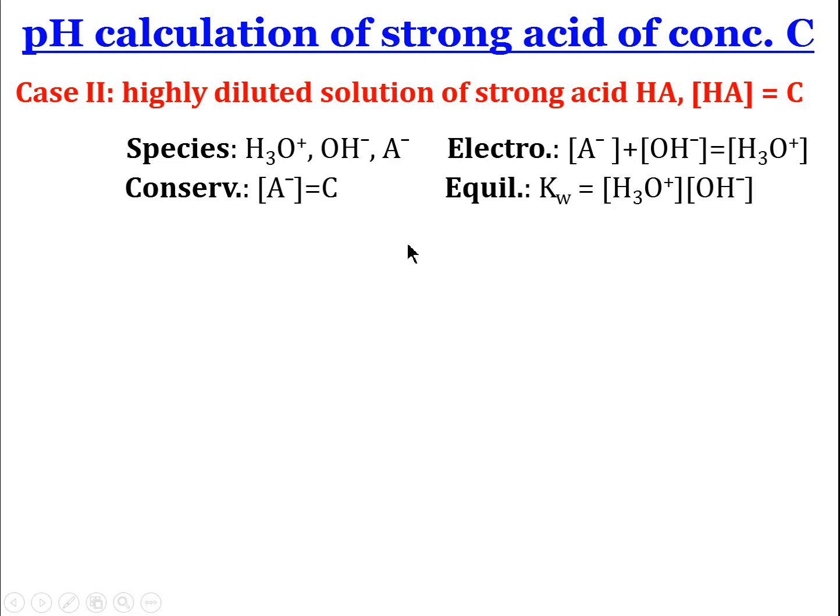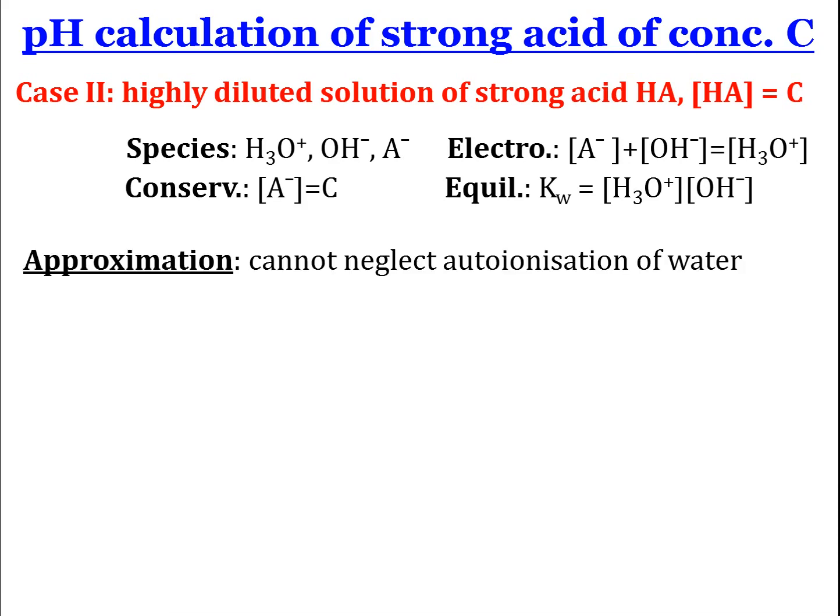Step 4, we write the equilibrium constant expression. We have one expression, which is Kw, the ionic product of water, equal to the concentration of H3O+ times the concentration of OH minus in the solution.